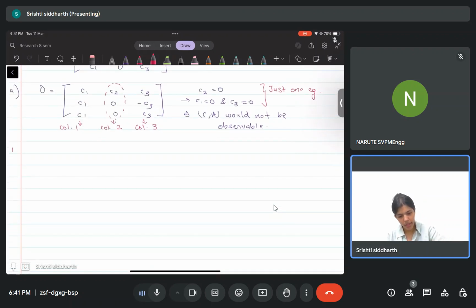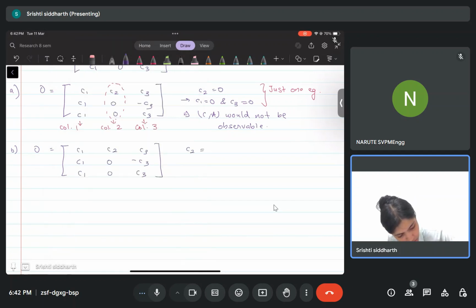Okay. So in the next part, we talk about the conditions under which the pair is observable. So we have C1, 0, minus C3. As an example, again, C2 should be non-zero so that this row is linearly independent from the others.